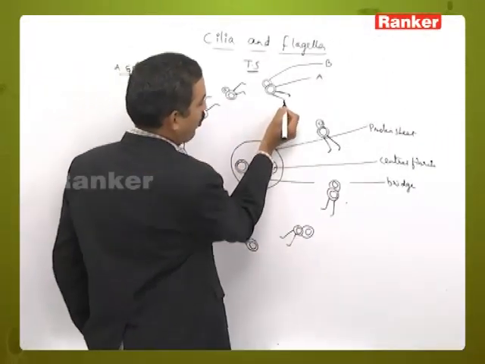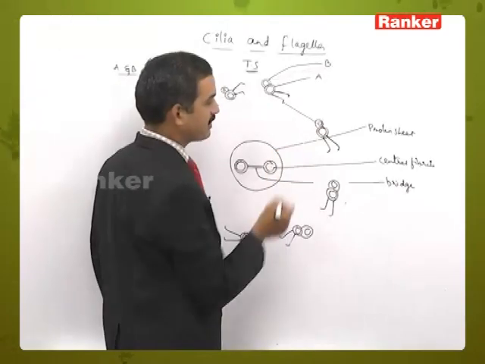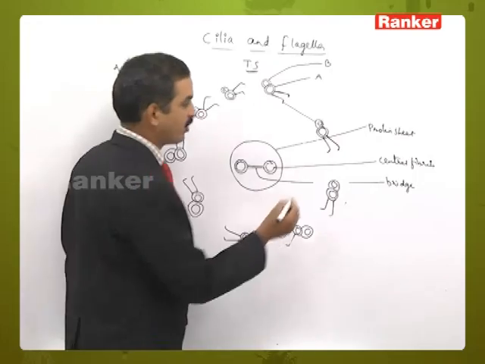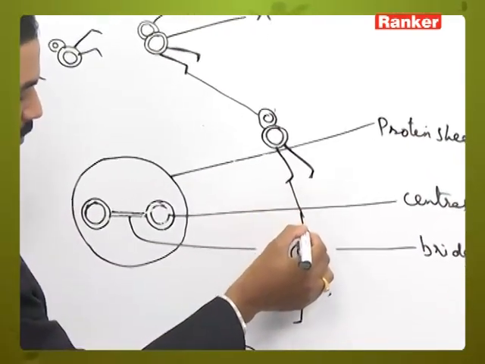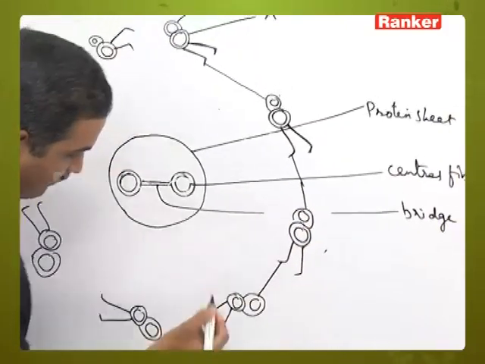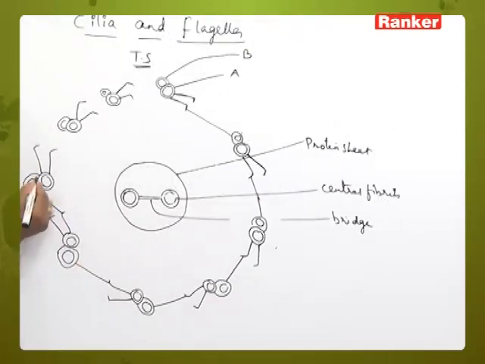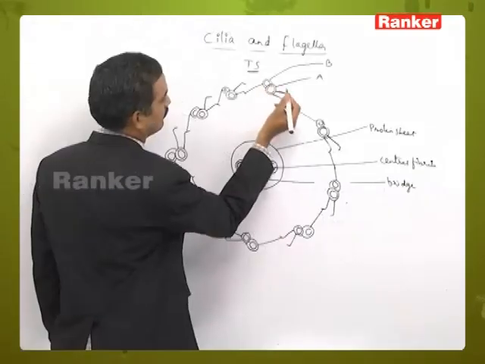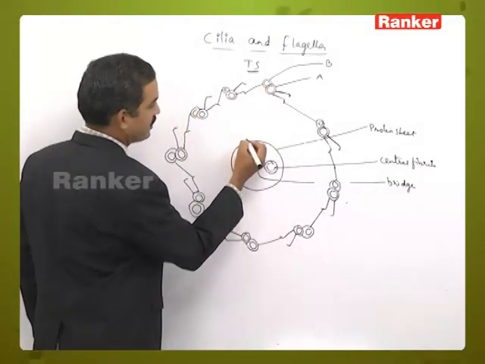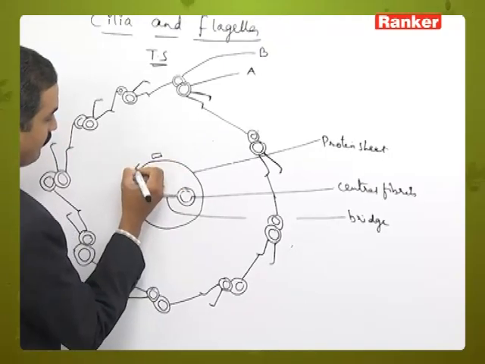Here the lower hook of A is connected to the B of its adjacent peripheral microfibril. Likewise, the inner hook-like structure is connected to the B microtubule of the peripheral microfibrils, and each of them has a transition structure.